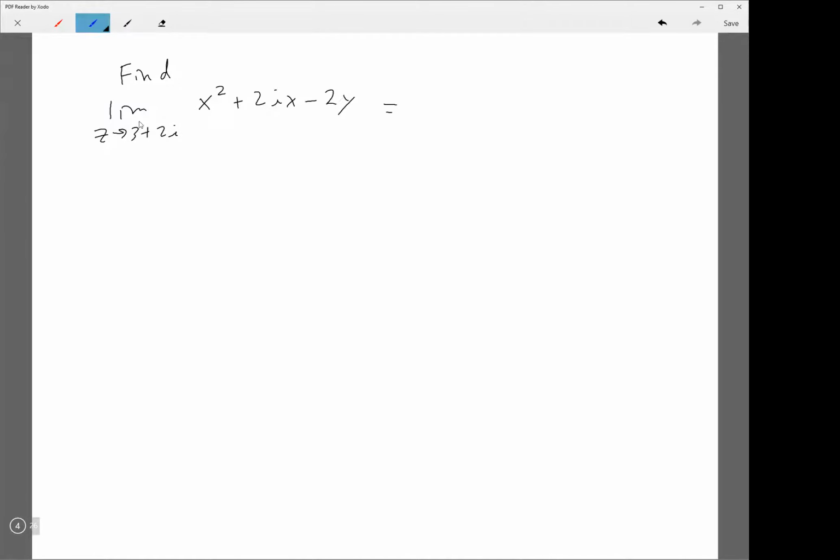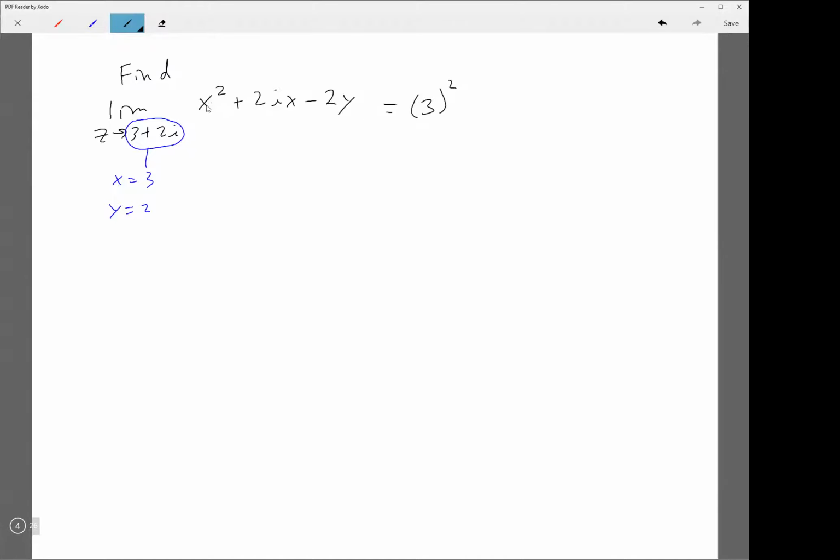So what you do is, in this expression right here, your x is 3 and your y is 2, because the x is the real part, the y is the imaginary part. And so what you're going to do is plug in a 3 for x and a 2 for y, and that's all you do.